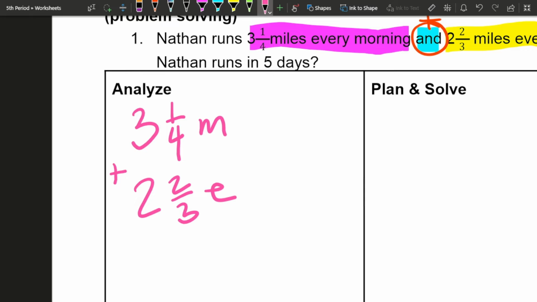Now, we can also convert this into decimals and then add them like that, because a quarter is 0.25. So 3 1/4 will be 3.25. However, the next fraction is a repeating decimal. So when we add it, we will not have an exact answer. We will have an approximate answer, and we don't want that. So we're going to have to leave this answer as a fraction, either mixed or improper, and we talked about that towards the end. Okay?